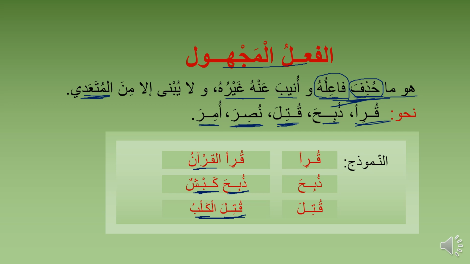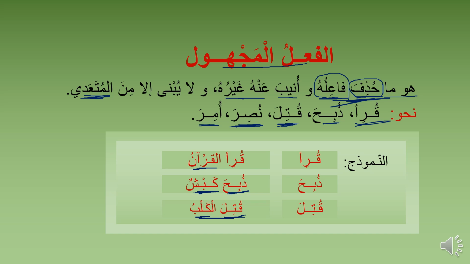I hope we understand the meaning of this classification. That is the classification of verb in terms of the verb being an active verb and it being a passive verb. So an active verb is the verb that is called fi'l ma'lum, and fi'l majhul is a passive verb. So an active verb, the fi'l ma'lum, is the one whose fa'il is mentioned, and we can get the fi'l ma'lum from both muta'addi and lazim.